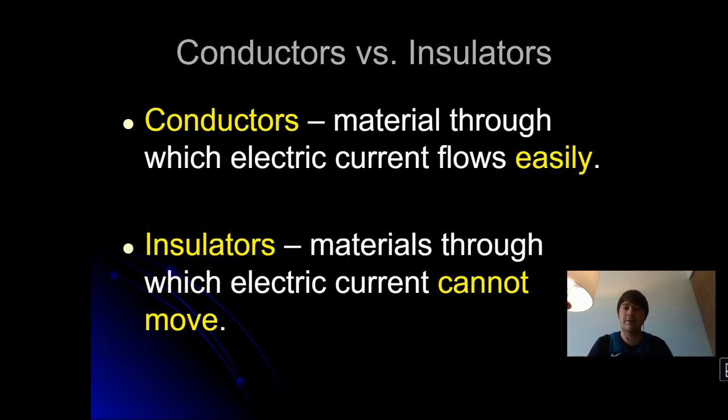All right, conductors versus insulators. I'm sure we've heard of these words before. Now think to yourself, what is something that does a good job of conducting electricity? Typically, some of the thoughts are metals are a big one. Some people would like to say water, which I kind of agree with. Water typically is not a good conductor unless we add basically salt to it.